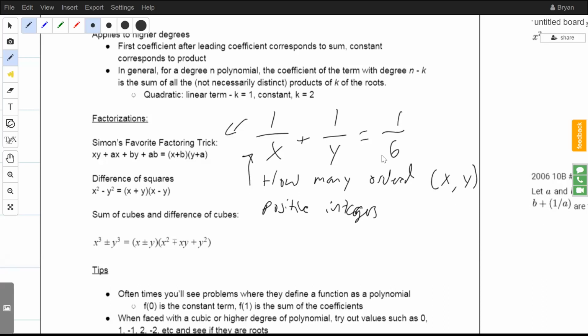I'll actually let you work on this for a few minutes, as I want to see if you can figure out how we can relate this problem to Simon's. That's a hint.